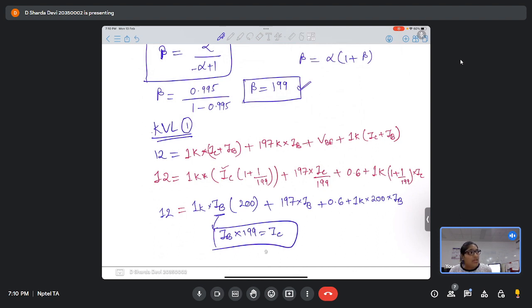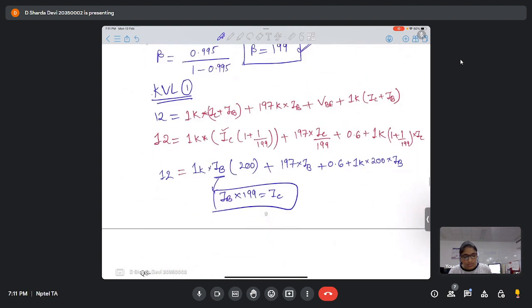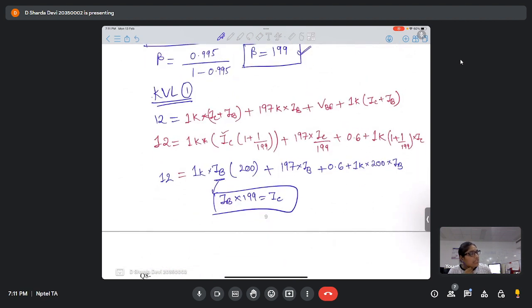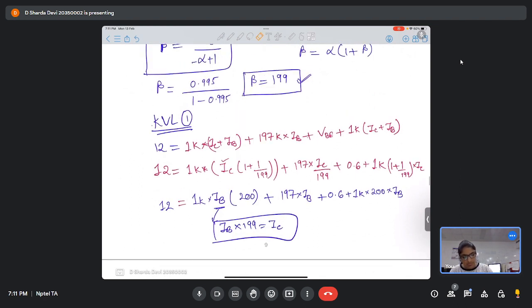How much are you saying? 5.66 milliamperes? Actually, I'm getting 3.8 milliamperes. Maybe you can recheck it once. Solve it using this IB formula.